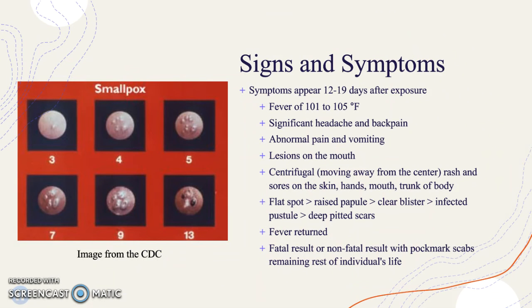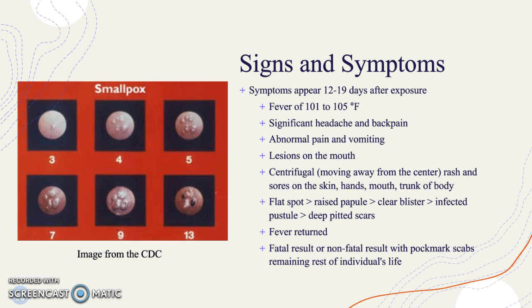This is a really good image of how quickly smallpox goes. The symptoms appear in 12 to 19 days. You typically have a fever, significant headache, abdominal pain, and then you begin the really telltale signs. Lesions on the mouth, which move away from the center. The word is centrifugal. And sores.